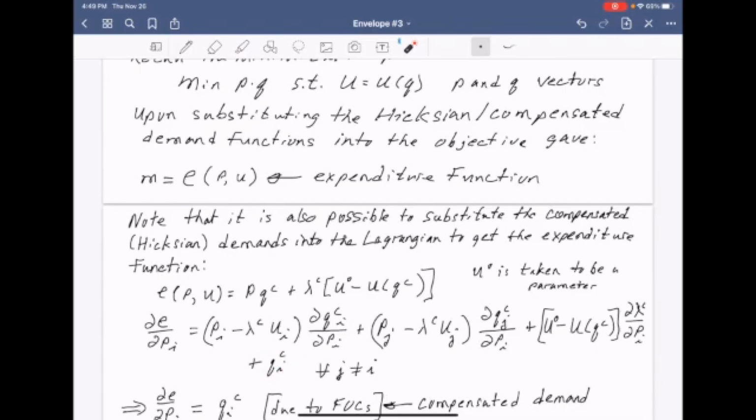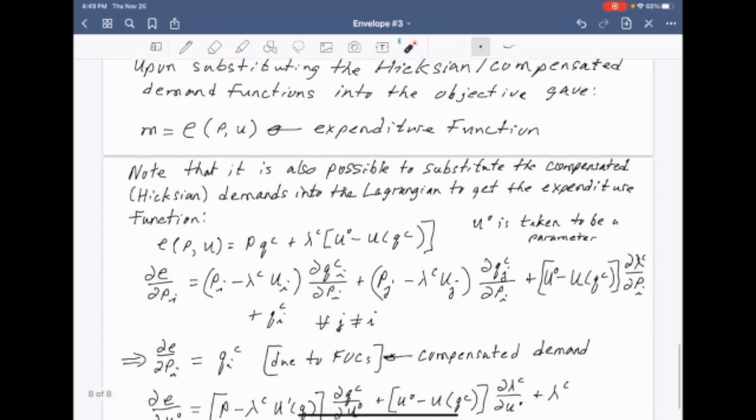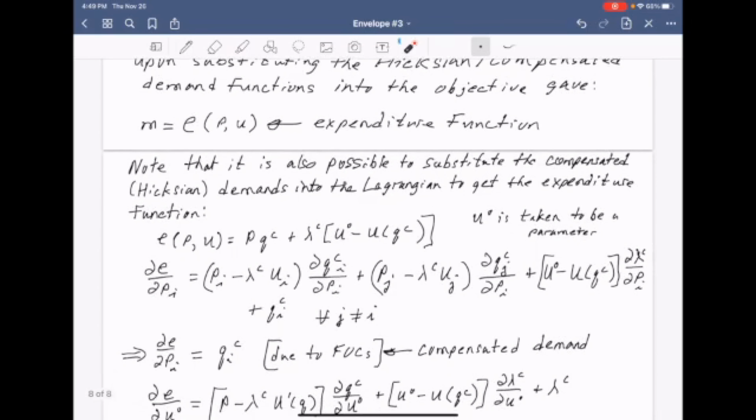And you can remember that by thinking, where does this come from? Well, if this is PQ, you take the first derivative with respect to P, which gives you QC, and then you have P times the first derivative of QC with respect to P. But it's this one here.